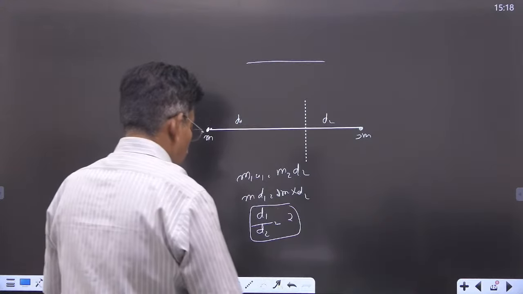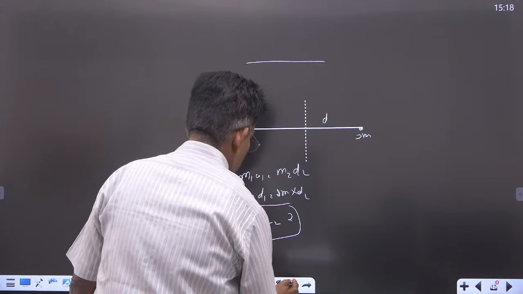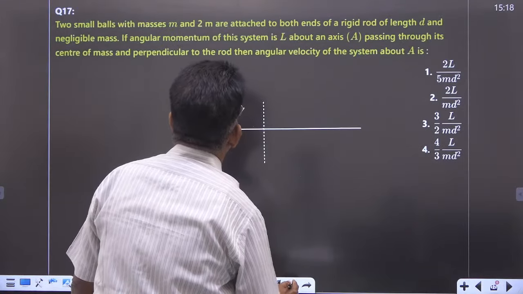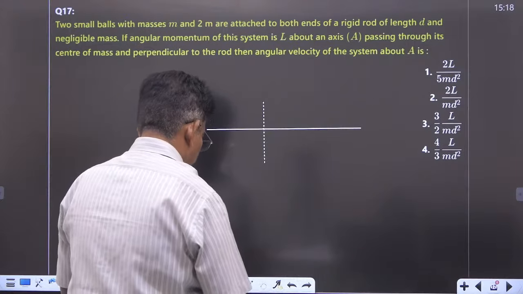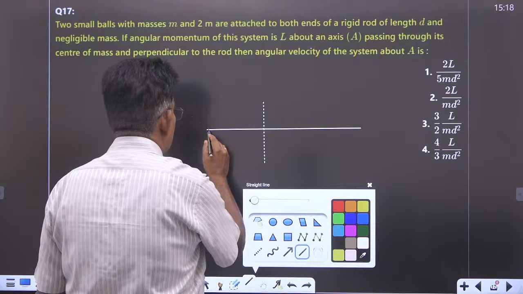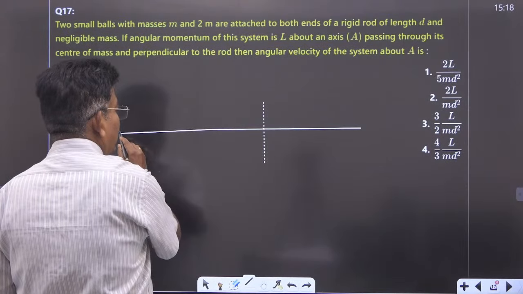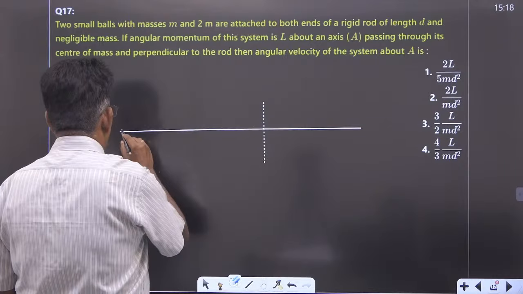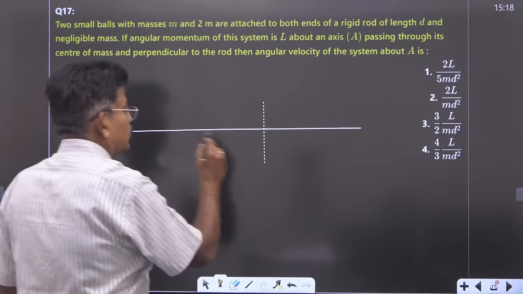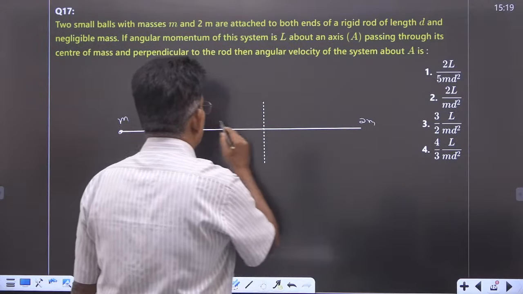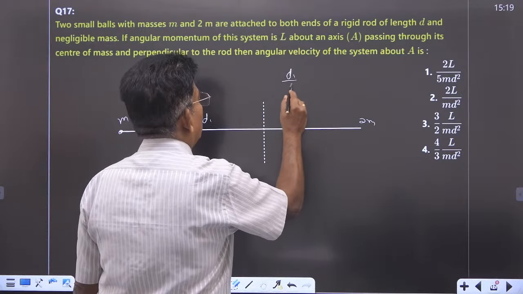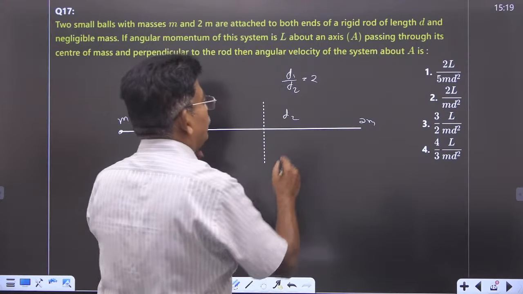Oh, the question has gone. So better I draw this diagram a little bit bigger. This is small m. This is 2m. This will be d1. This will be d2. We got d1 by d2 is equal to 2.